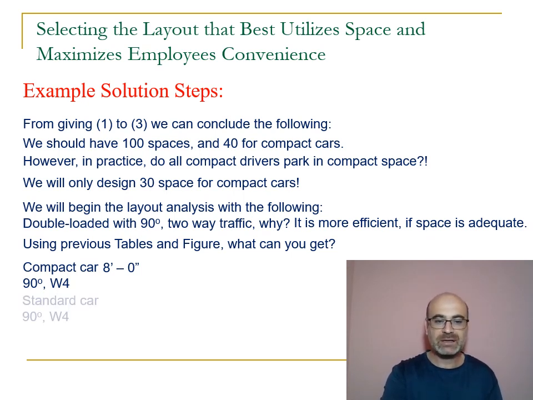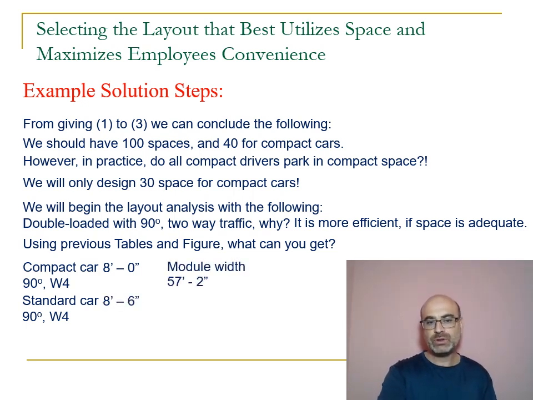For compact cars, we are going to use 90 degrees with module configuration 4, where we don't have walls and double loaded, and for compact cars with 8 feet. The module width in the table is given as 57 feet and 2 inches. Please go check the table and try to find this value in the table.